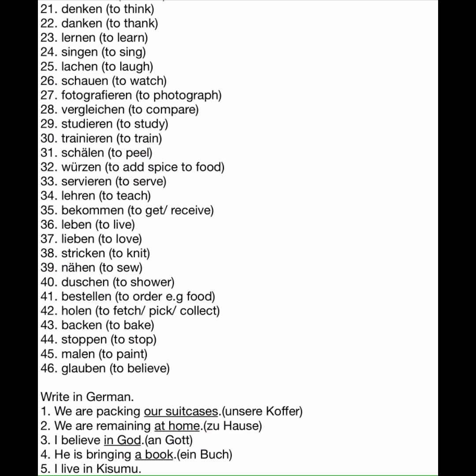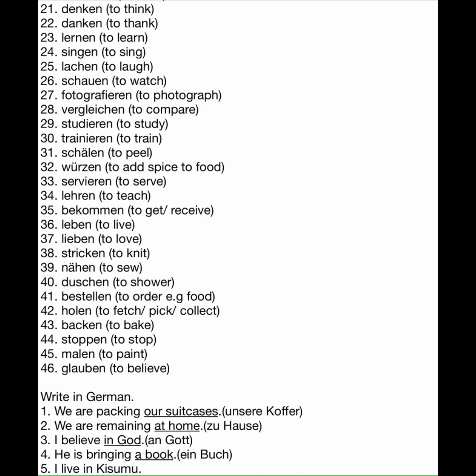Then there's vergleichen, studieren, trainieren, schälen, putzen, servieren, lehren. You have bekommen, leben, lieben, stricken. Now stricken is to knit, and then nähen, to sew.